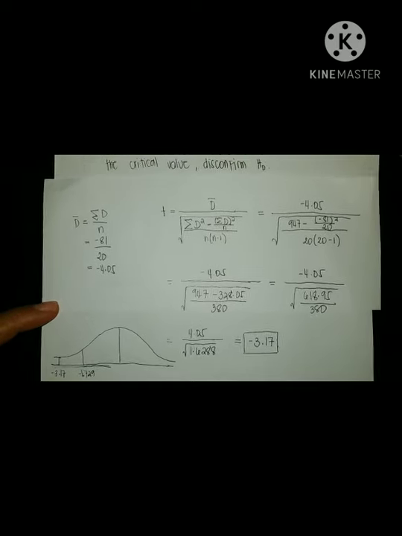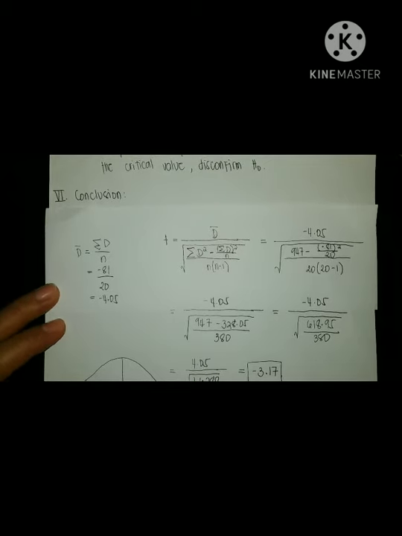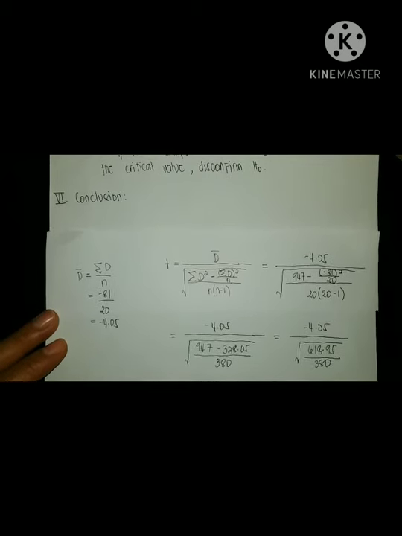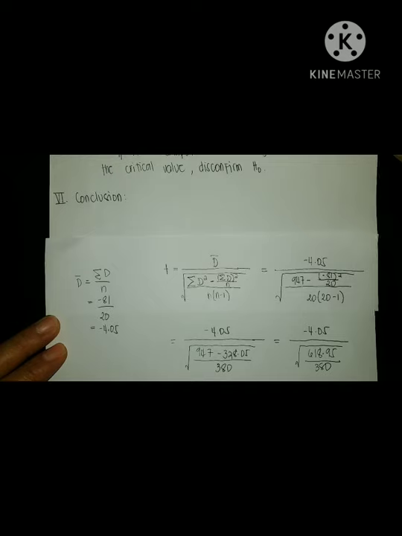Then it's now time for us to make our conclusion. The t-computed value of negative 3.17 is beyond the t-critical value or the t-tabular value of negative 1.73 at 0.05 level of significance with 19 degrees of freedom.